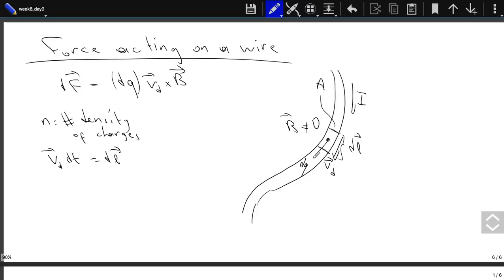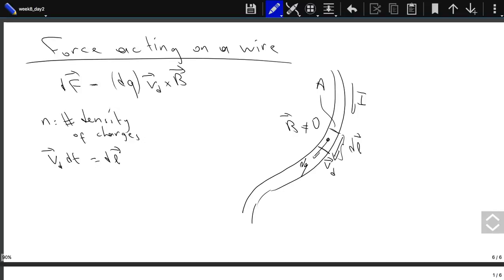So basically, if we wait a time dt, all the charge in this segment passes through this area, because this segment has moved by its length. If it was at this position at the beginning, after this time dt it is now over here. So all this charge moved through this point in a time dt.